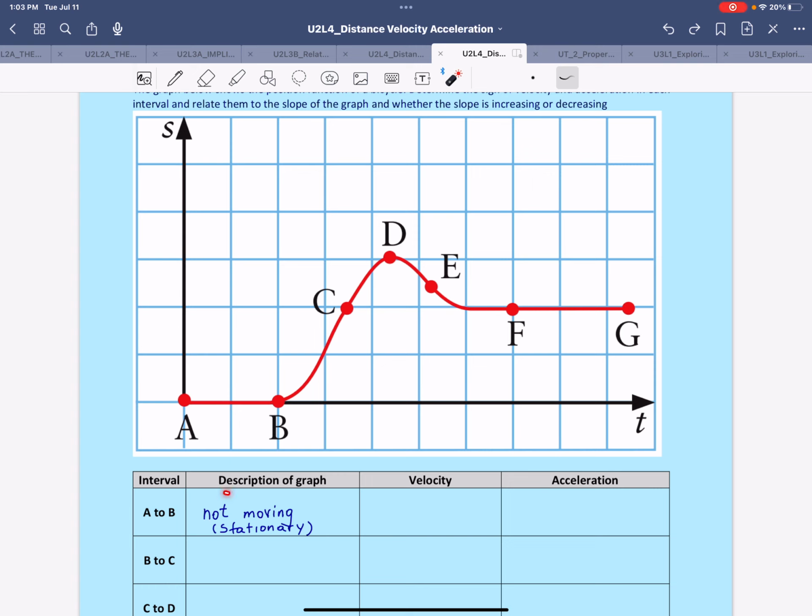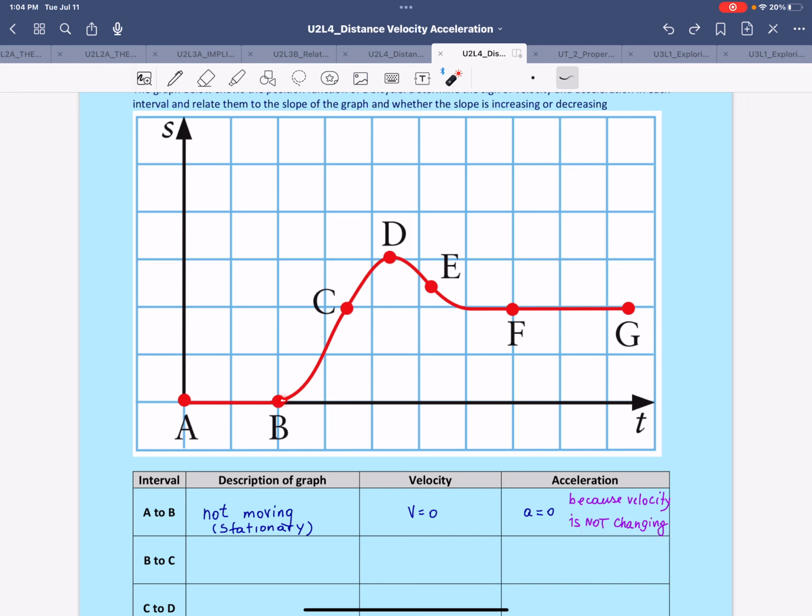A non-moving object means a non-changing position, so the rate of change of position is 0, or velocity is 0. And when velocity is 0 at every point in the interval, the rate of change of velocity is 0, which makes the acceleration equal to 0. Again, velocity is not changing over the entire interval.